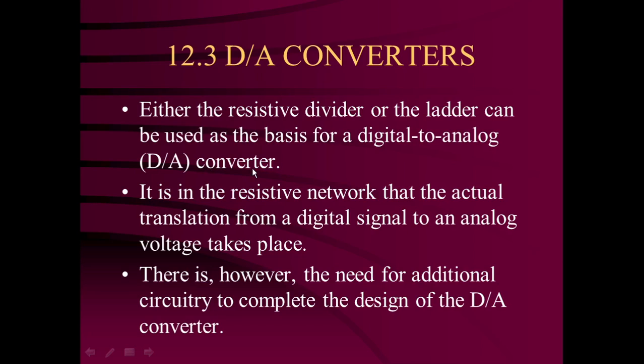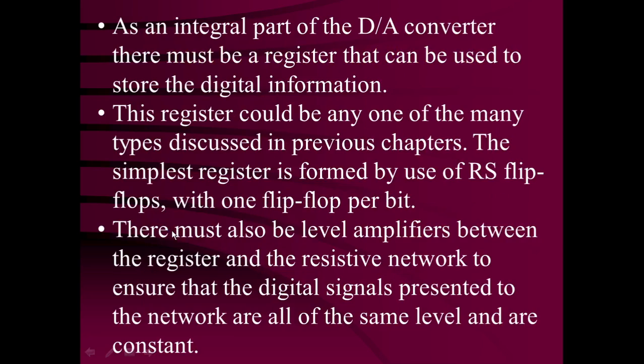So actually the digital information is translated into analog voltage by these two networks, but additional circuitry is required. It is in the resistive network that the translation from digital signal to analog voltage takes place. There is, however, the need for additional circuitry to complete the design of the D to A converter, and that we are going to study here.